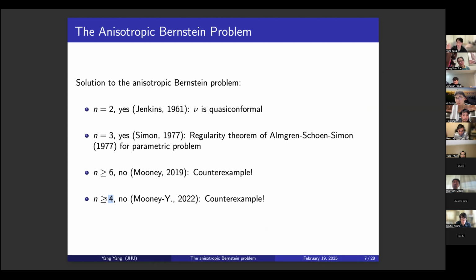In higher dimensions, there are a lot of counterexamples. There's a recent paper by Connor Mooney and Ovidiu Savin. You can have a look. Okay, thanks.